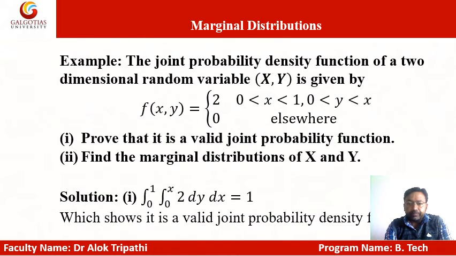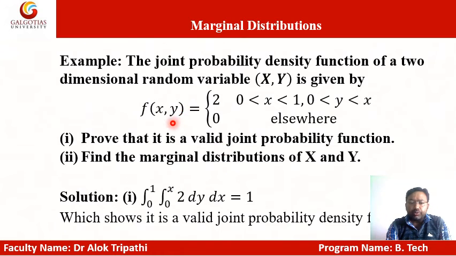Now see the example. In this example, we shall first prove that this function is a valid joint probability function, and then we shall find the marginal distributions of x and y separately.